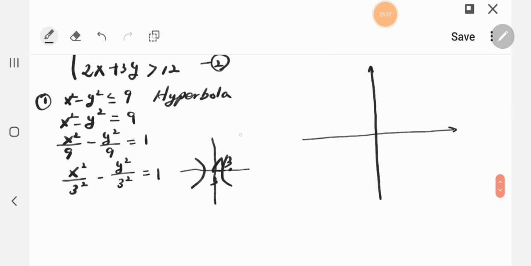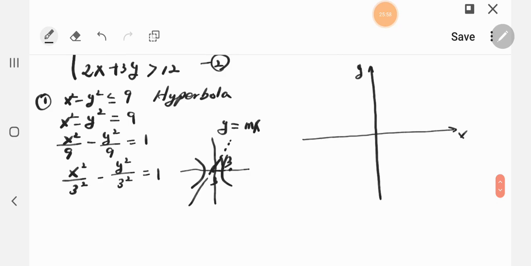The asymptote slope is rise over run, so 3 over 3 is 1, so y equals x.